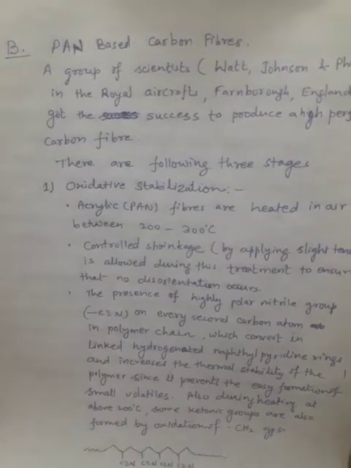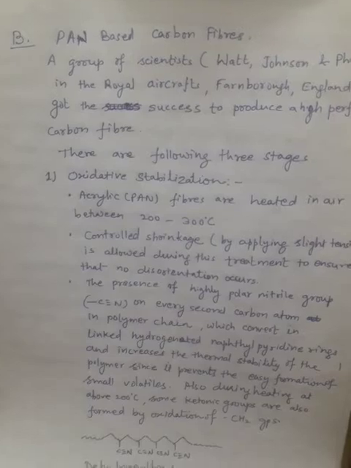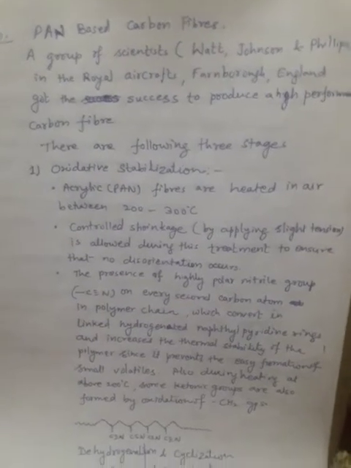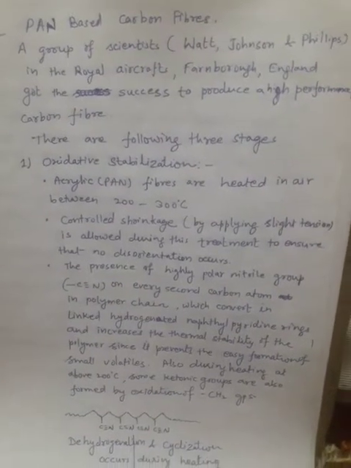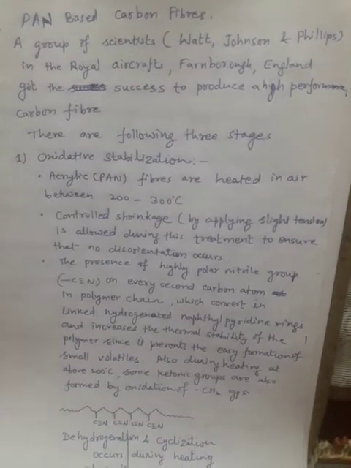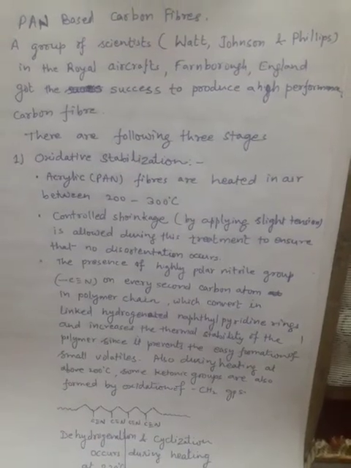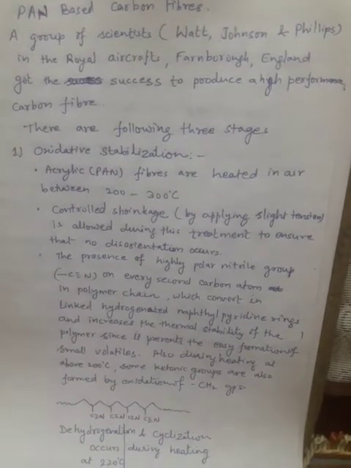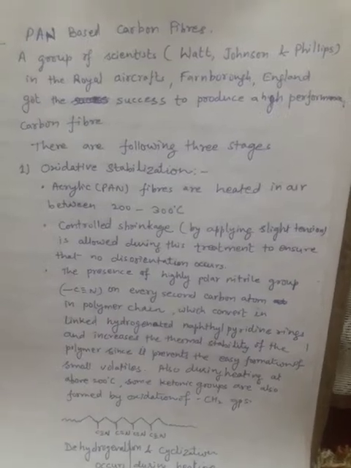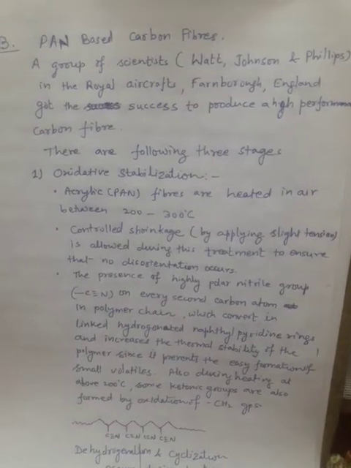But in parallel, in England, a group of scientists, Watt, Johnson and Phillips, working for the Royal Aircraft Establishment at Farnborough, England, succeeded in manufacturing a carbon fiber for high performance application, and there are three following stages used for the carbon fiber production.